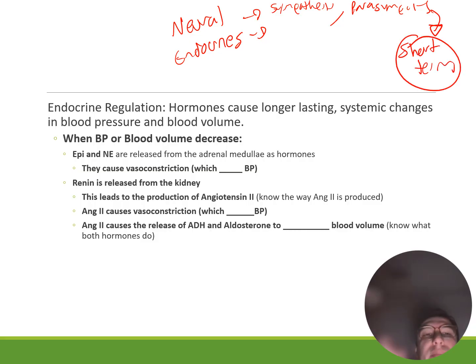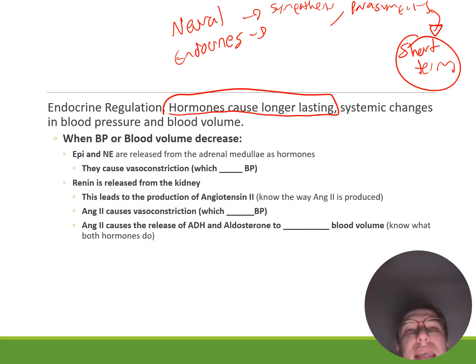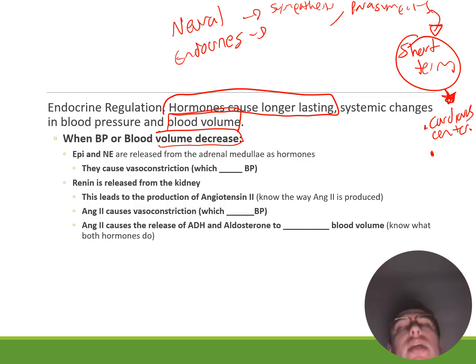The endocrine response is longer lasting. This endocrine response is aimed at changes in blood volume. This neural change is aimed at changes in the cardiovascular center in the brain, which then therefore affects the cardioexcitatory, cardioinhibitory, and vasomotor center.